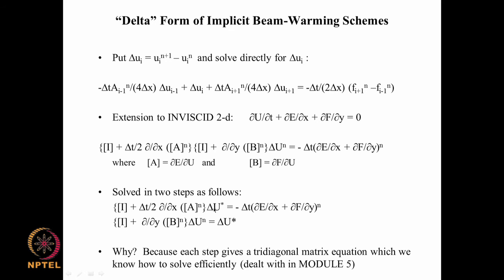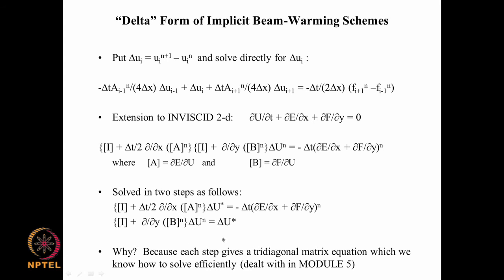This will involve i-1 and i+1, so that becomes a tridiagonal matrix equation. Once this is done we get Δu* from this, and if you come to this equation, Δu* is now known, and then you have I plus ∂/∂y of Δu here, and this gives us another tridiagonal matrix, but this time involving j-1, j and j+1.